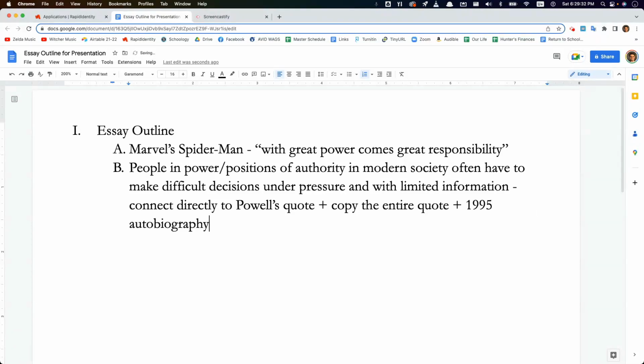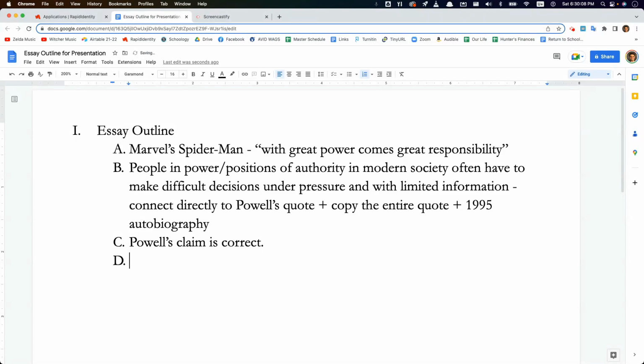Autobiography counts here as the G in Y tag, the genre. All right. So then I want my main claim. My main claim is Powell's claim. It's important to make, it's not important to make quick decisions. It's actually much more important to make timely decisions, even if you have limited information. So I'm just going to say Powell's claim is correct. Period.